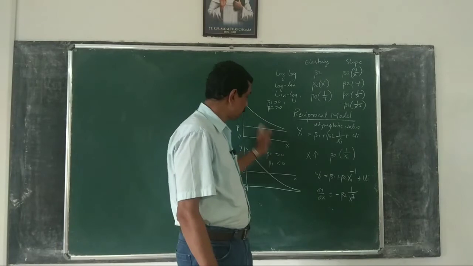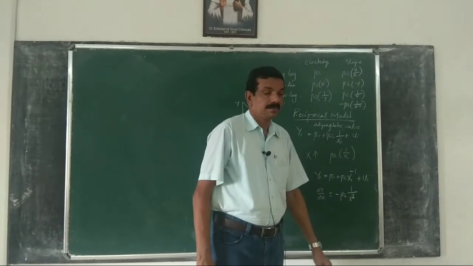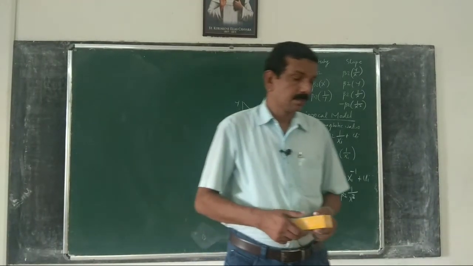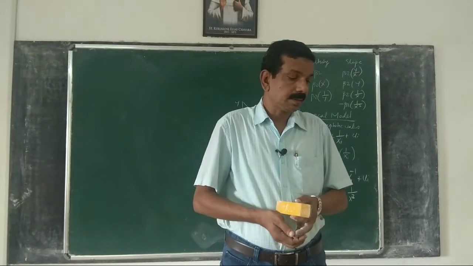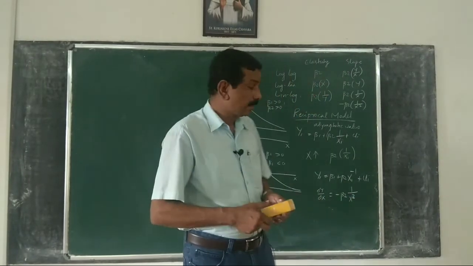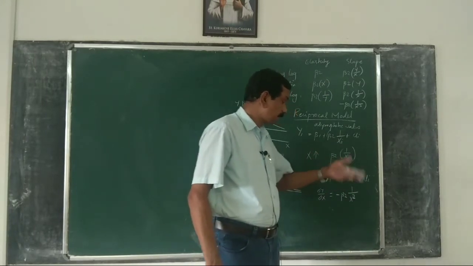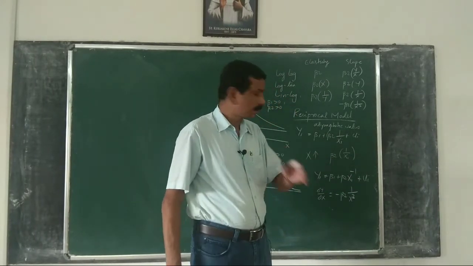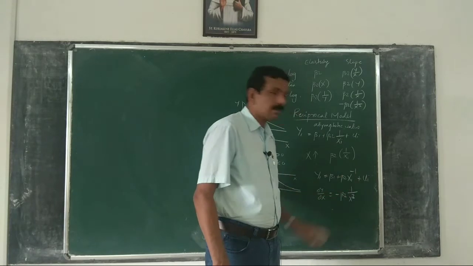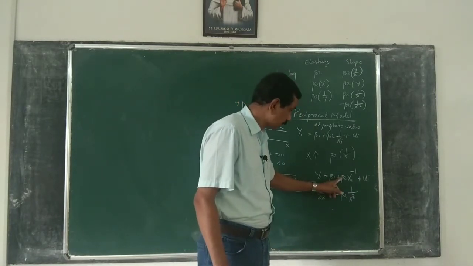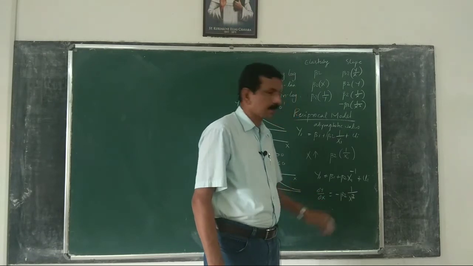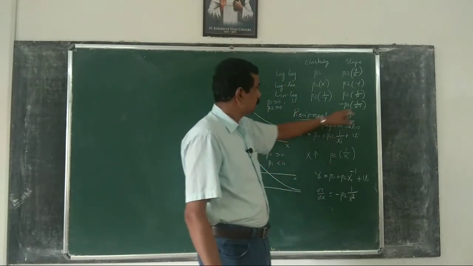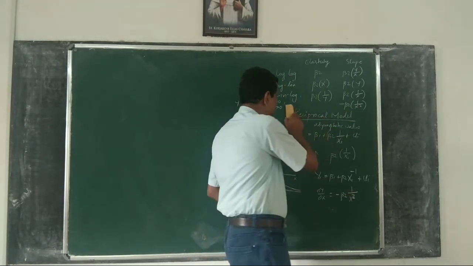So the slope is negative throughout if beta 2 is positive. And if beta 2 is negative, then you will get positive slope throughout, because minus into minus. So this is the slope for the reciprocal models.